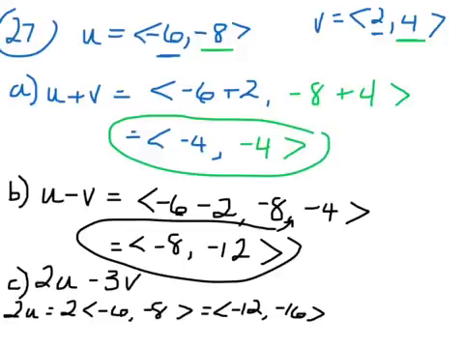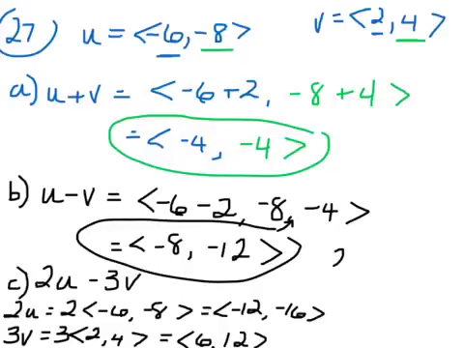All right, if they want me to subtract 3v, let me find 3v first. That way I can just do the subtraction in one step. 3v would be 3 times vector v, which is 2, 4. It's like distributing that 3 to both parts, basically. That would be 3 times 2 is 6, and 3 times 4 is 12.